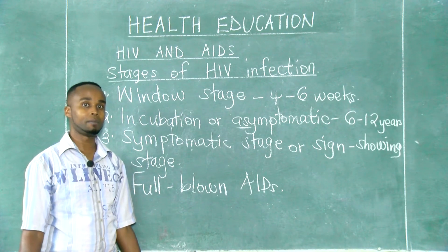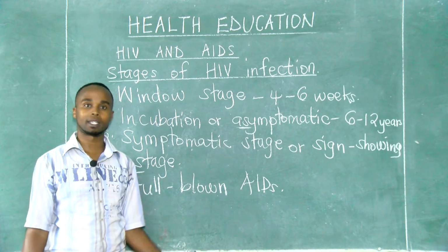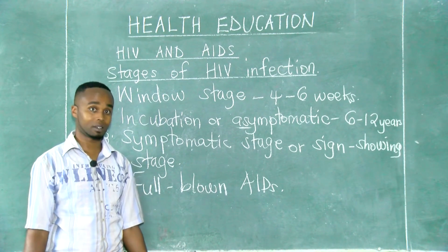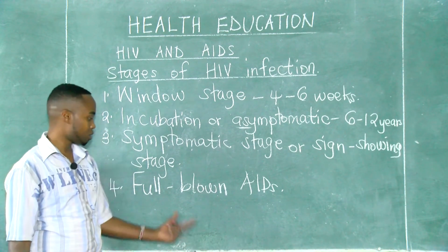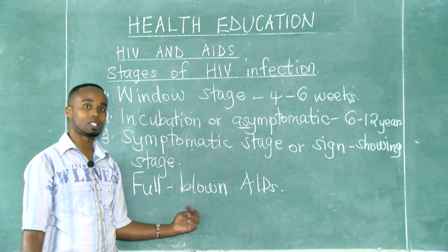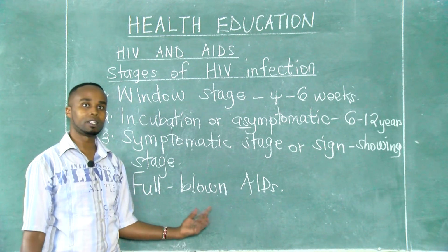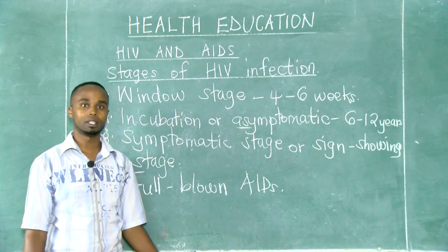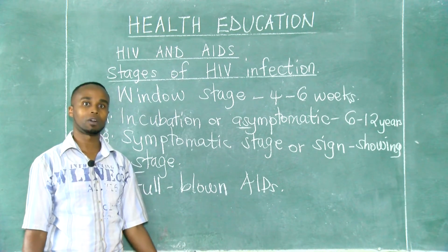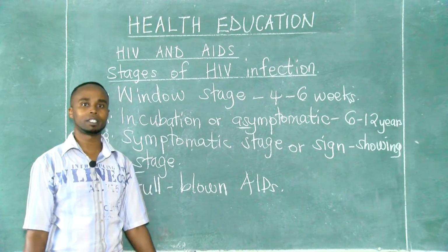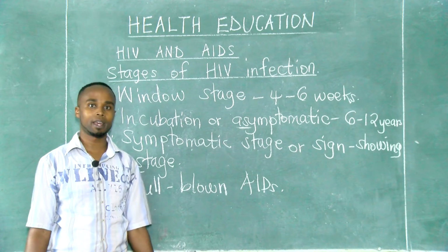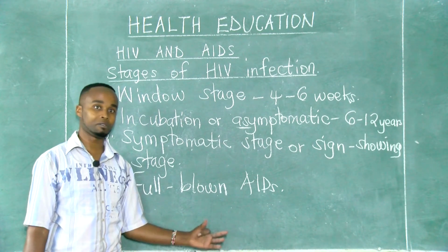So that's why people are always advised to go for a test. After that, they follow the doctor's recommendations. Because once you get into this stage, there's very little that can be done, because your immune system is completely destroyed. Your white blood cells are completely overwhelmed by the HIV virus.